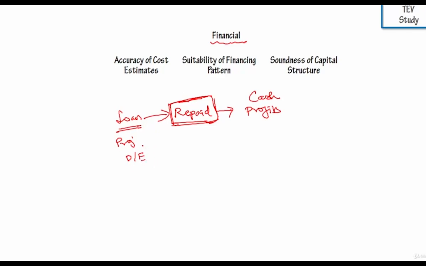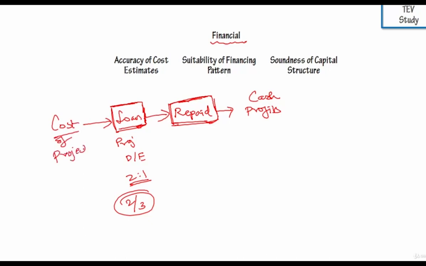So debt equity ratio plays a very important role in fixing the loan amount. If the bank has a policy that it will not go beyond a debt equity ratio of 2:1, then the bank will sanction only 2/3 of the project cost as a loan, right? It means 2/3 of the cost of project is coming here as loan.